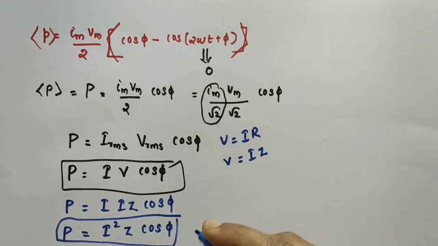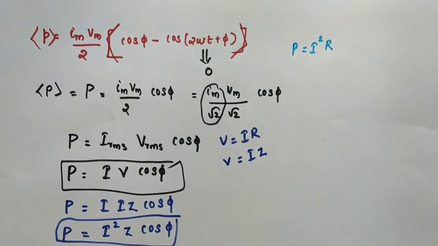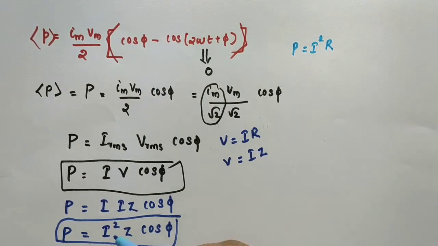So we got one expression for the power P in an LCR circuit as P equal to I square Z into cos phi. Now usually we have the power for a resistive circuit as P equal to I squared R, that is I square into resistance. But here we have I square into, here the resistance is actually the impedance in the LCR circuit. Then there is another factor cos phi.